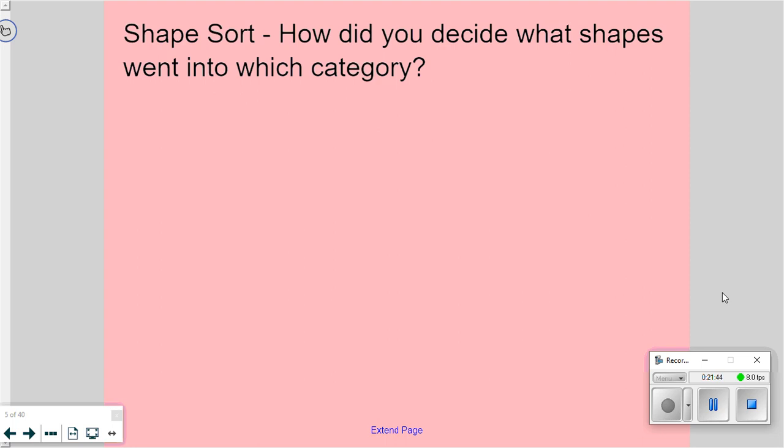Kinsey, how did you decide? Okay, so Kinsey looked closely at the sides. It's really that simple. I'm writing, you're writing.